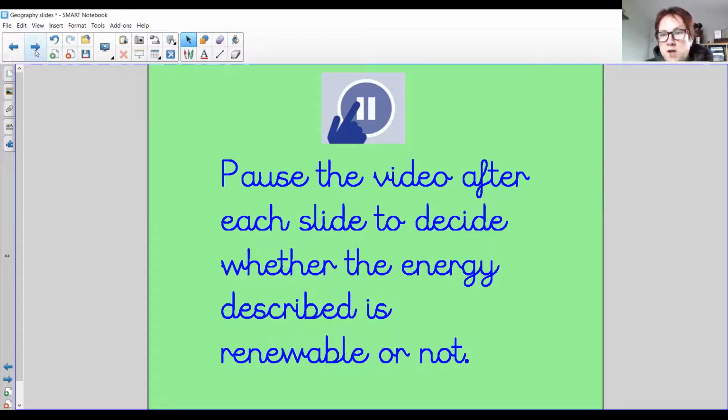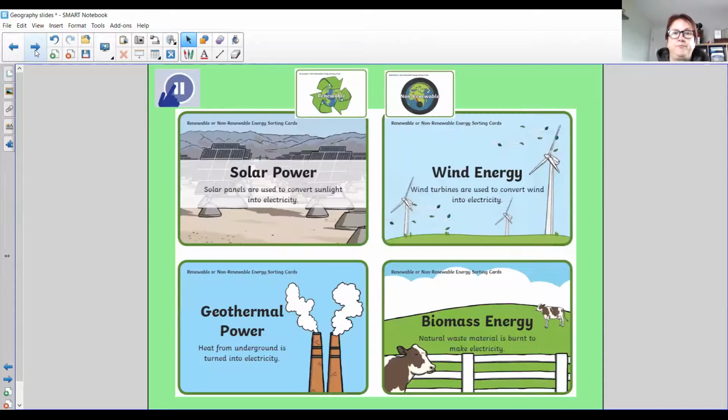Okay, first one coming up. So when you see the slide, have a pause, jot down what you think. You can even make a little list of non-renewable one side, renewable the other side. Let's see. So pause the video, have a look at these. Solar power, wind energy, geothermal power, biomass energy. Are they renewable or non-renewable?